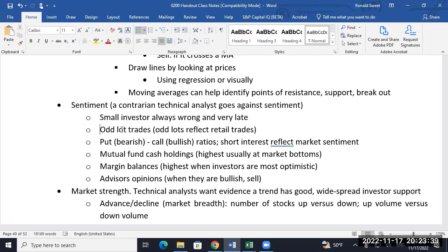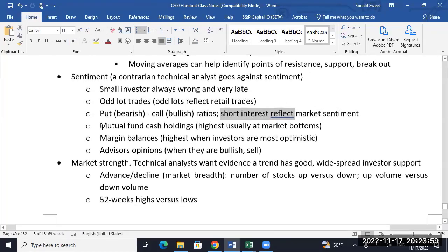Small investors, odd lot trades, put call ratios can be really, really powerful. Puts are bearish, calls are bullish. You look at the ratios, you get the sentiment. Is the stock more bullish or more bearish? You can probably do the same thing with short sells, short interest as well. Short interest reflects strong sentiment on a stock.